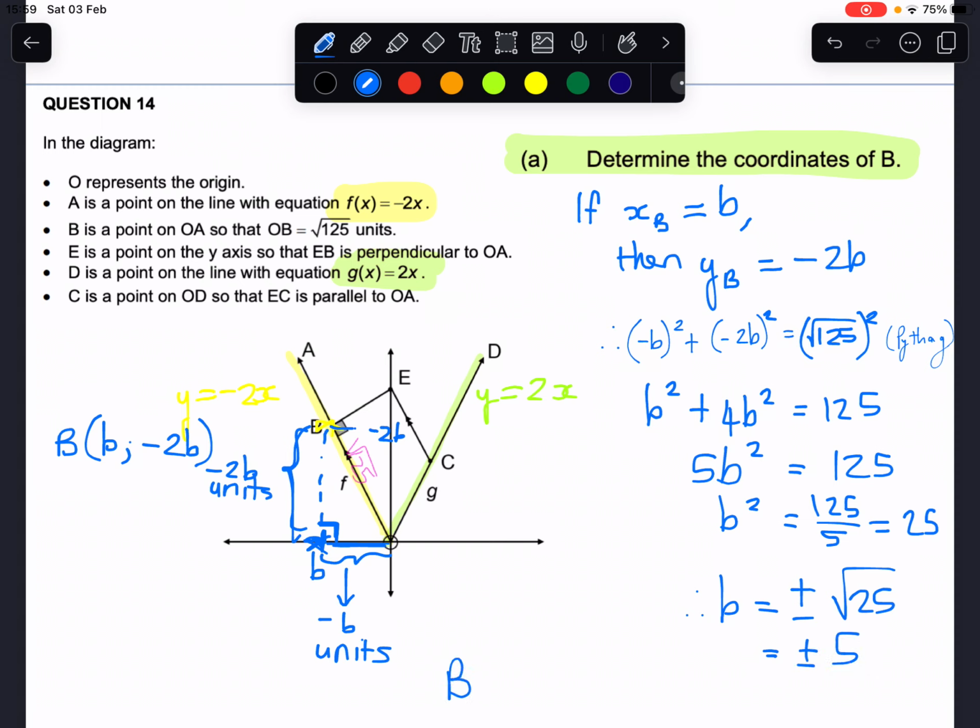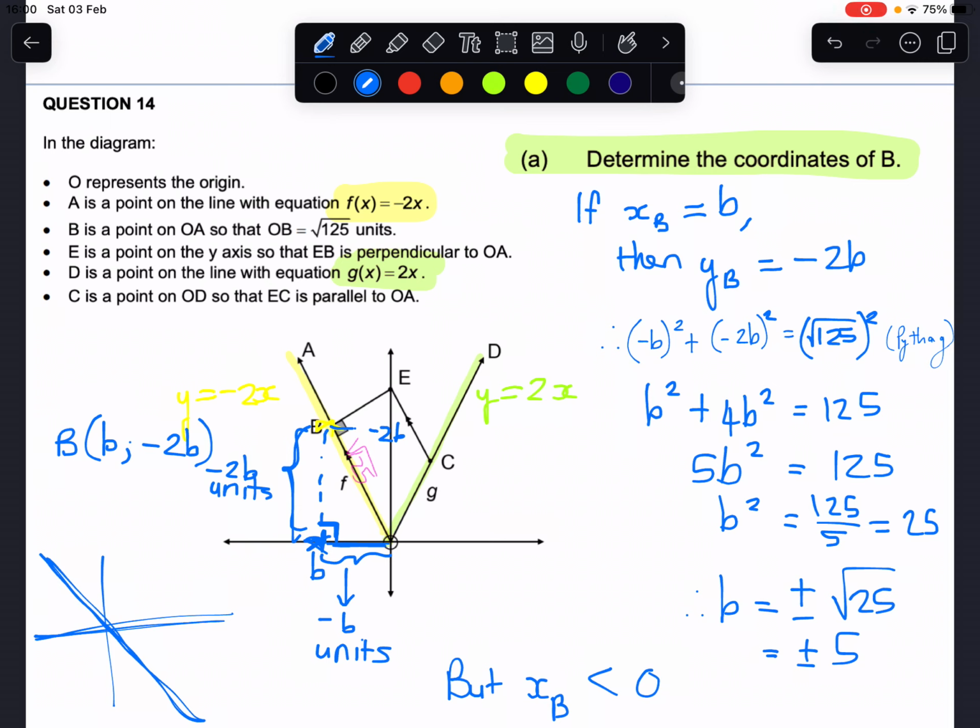But we know that the x-coordinate of b has to be smaller than 0, has to be negative. Right, and on the one hand, we're kind of relying on the visual cue to determine that, but on the other hand, even if they hadn't given us a visual cue, we know that y is equal to minus 2x looks like this, and we know that, how do we know that b is above?